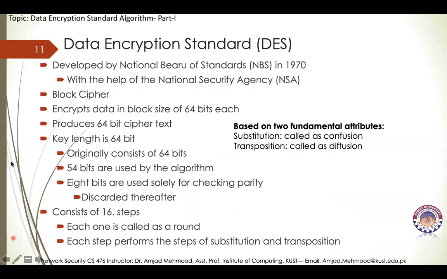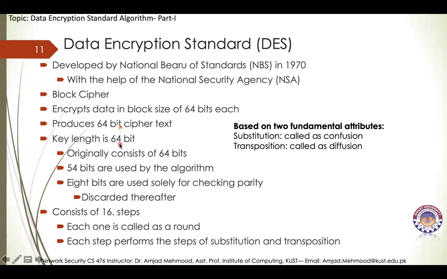And this is a block cipher, as I mentioned, based on the Feistel block cipher. As the Feistel cipher is based on a block cipher, DES is also based on a block cipher. It encrypts data in block sizes of 64 bits each and produces 64-bit ciphertext.